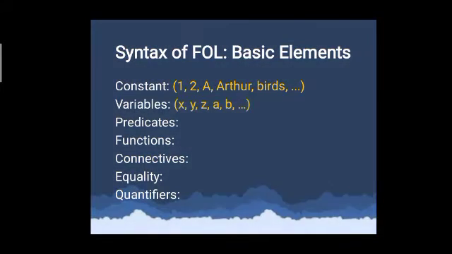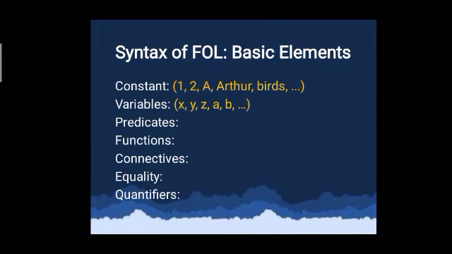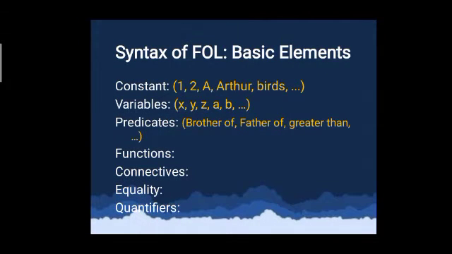And variables means you can change it, you can substitute constants with variables. And predicates are things like brother of, father of, greater than, less than, or equal to. So these come under the predicates. And the functions give a value for a given constant.